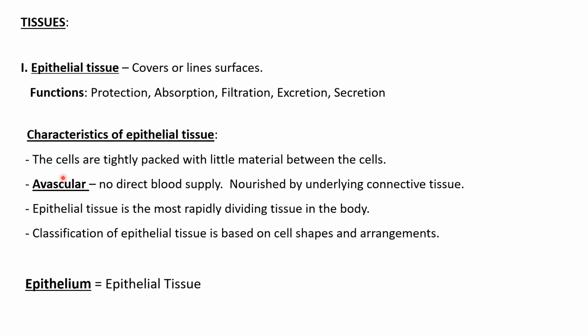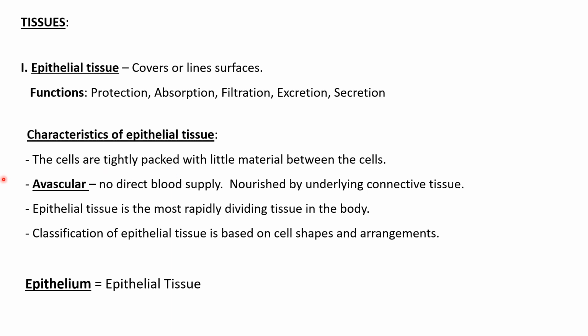If you think of your skin, the skin cells are packed right next to each other. Whereas if you think of something like blood, which is a connective tissue, then you have the red blood cells, white blood cells, and platelets. Then you have all the plasma, the liquid, all between them. But epithelial tissues are tightly packed with little material between them.